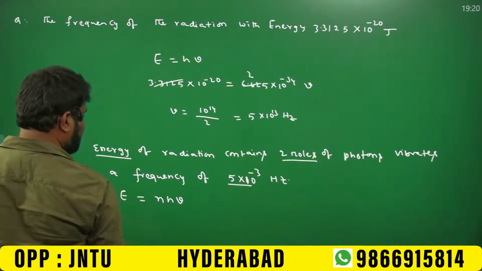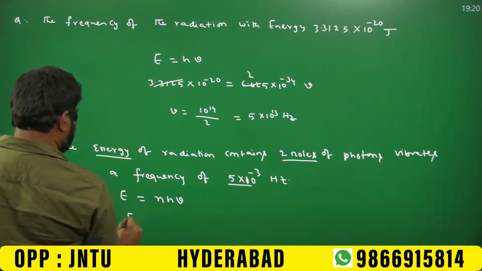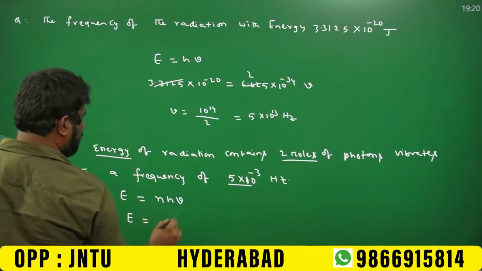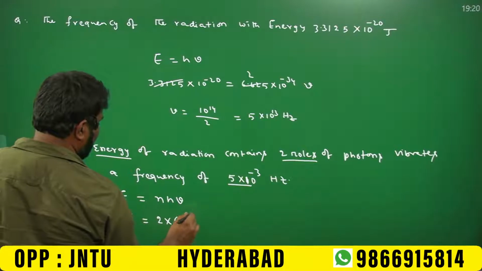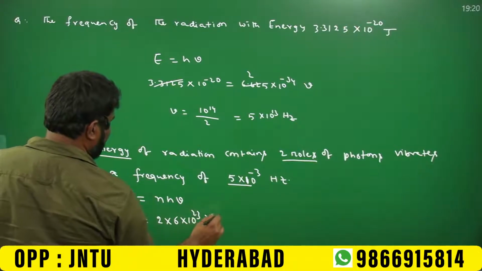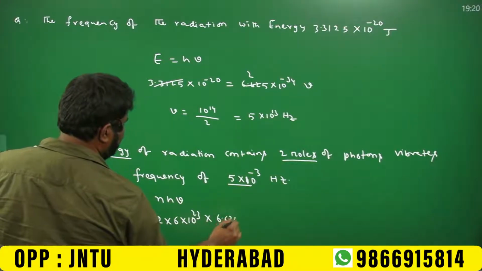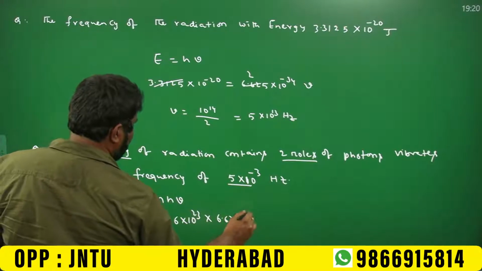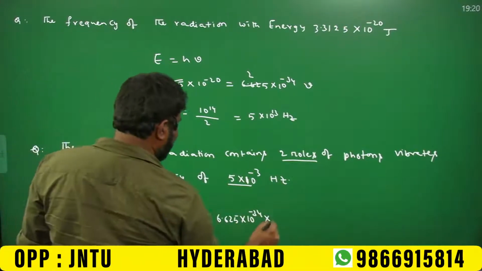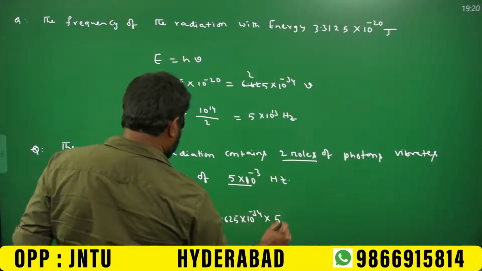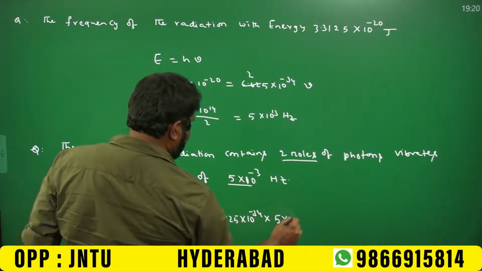Now, E equals number of moles, 2 moles, means 2 into each mole contains 6 into 10 power 23, h value 6.625 into 10 power minus 34, and frequency 5 into 10 power minus 3.